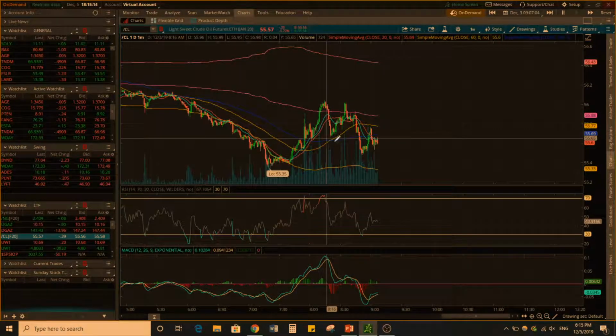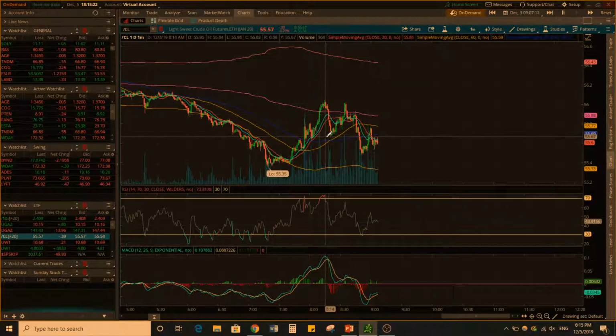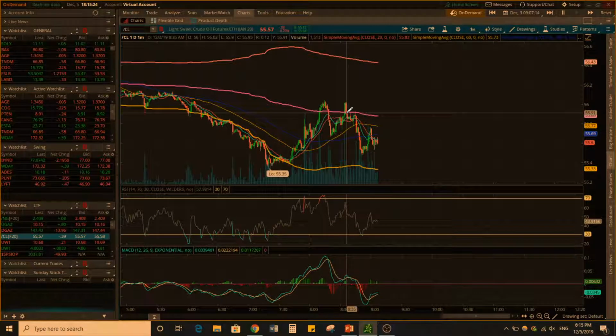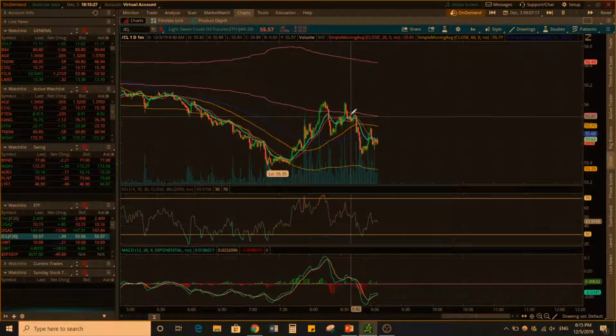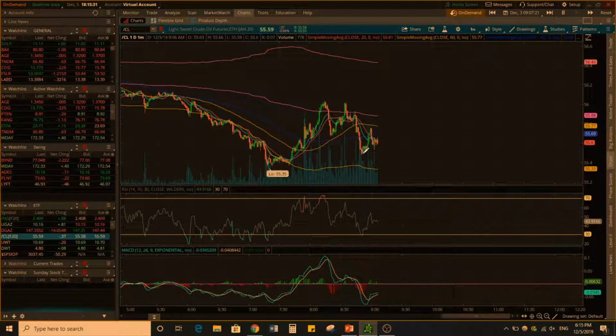It just kind of moved all over the place. So maybe if I looked at CL a little bit more than I did NG, I could have taken a position today because it was coming down from the VWAP, and I could have taken part of it the second time it came down from the VWAP, which would have been quite profitable, quite nice if I rode it all the way down here. Well, it could have shot back up, right?